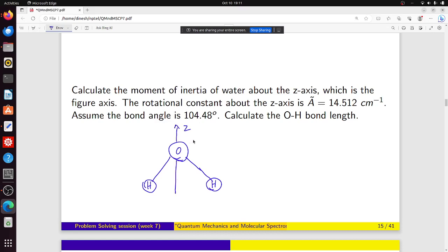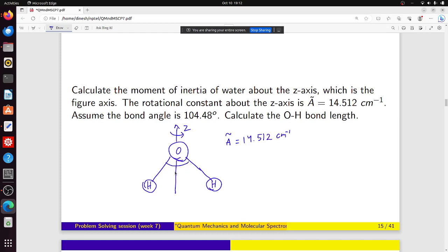Let's say this is the z axis, which is the figure axis. This molecule is rotating around this z axis, and the rotational constant a tilde is given to be 14.512 centimeter inverse, and the bond angle is given.